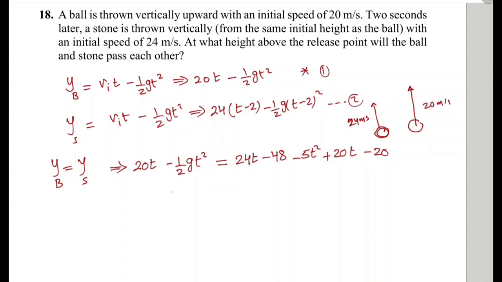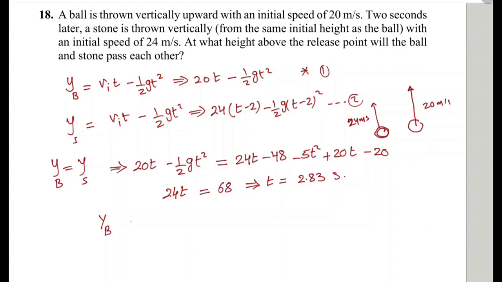You simplify this one here, so 24t equal to 68, or t in this case equal to 2.83 seconds. Now it doesn't matter actually for yb or y stone, anyone will be good.